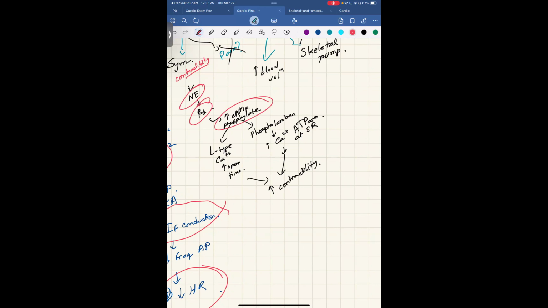What is increasing cAMP, which is directly connected to that? So this is going to be Gs as well. Same thing. And the L-type calcium channel, increased open time. I don't know if you have to remember this word, but basically increasing contractility, an increase in stroke volume. Those are important.